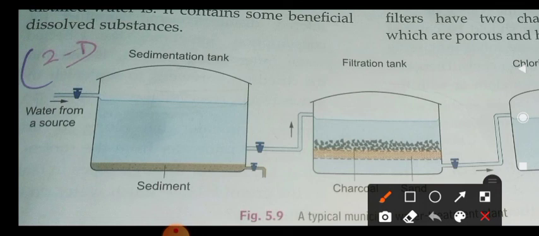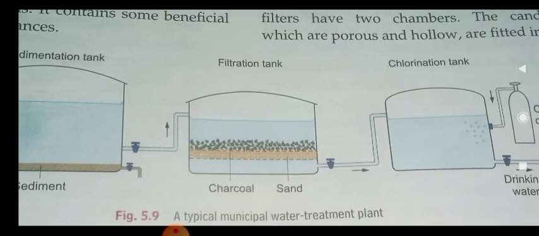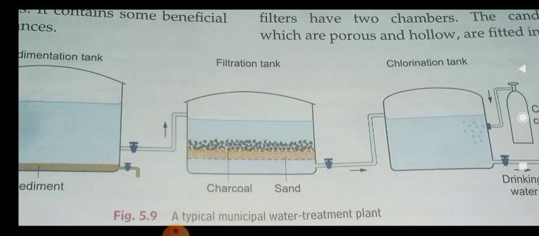The upper layer clear water is collected into the filtration tank, where the charcoal and the sand layer will be present. Above that, a charcoal layer will be there. So the water from the sedimentation tank is allowed into this filtration tank.